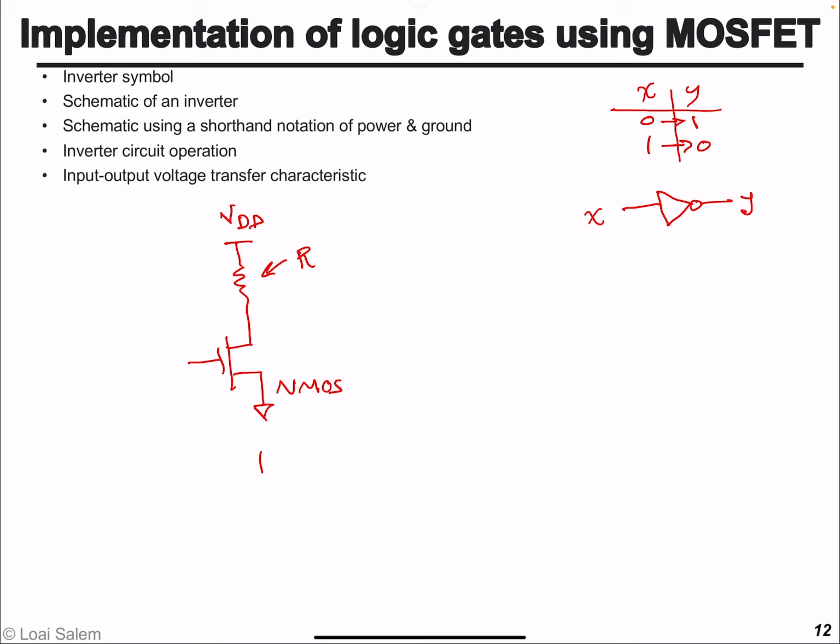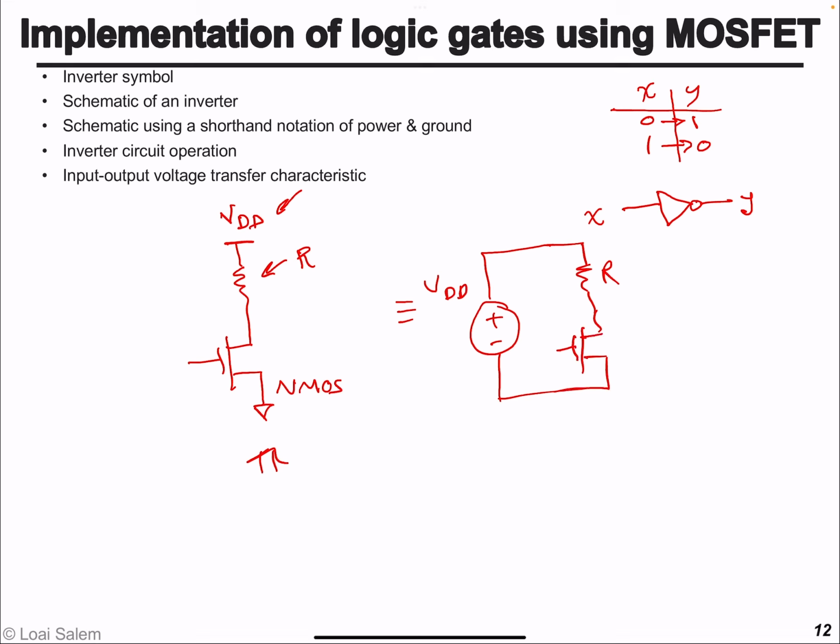When the schematic is plotted this way, with the supply indicated just with a horizontal line and labeled with the supply voltage value or name, this is exactly equivalent to having a voltage source whose value is equal to VDD, then a resistor R, then a MOSFET, and the bottom node is the ground node.